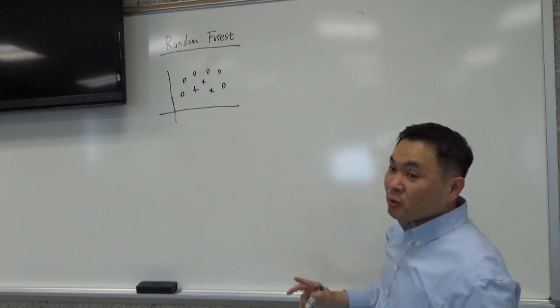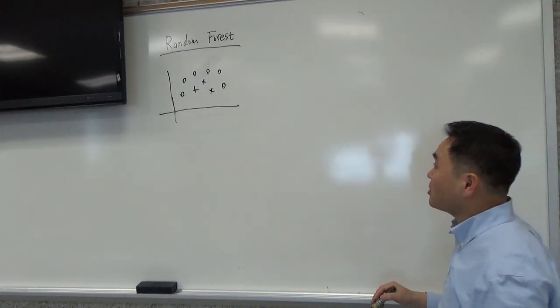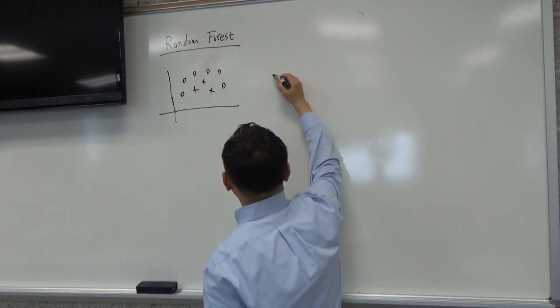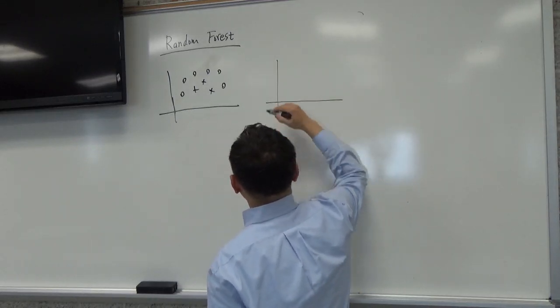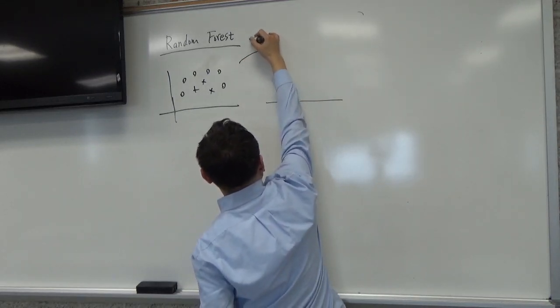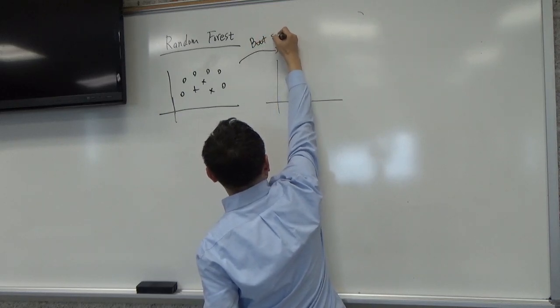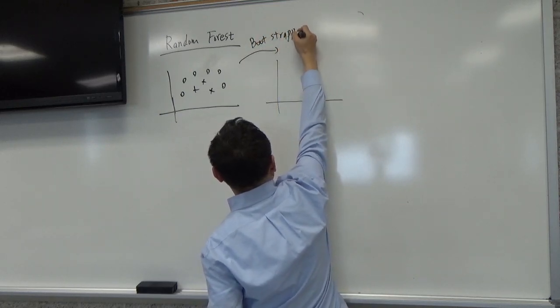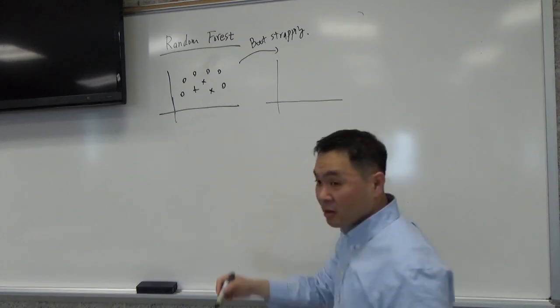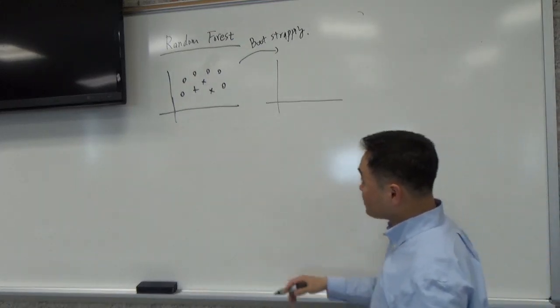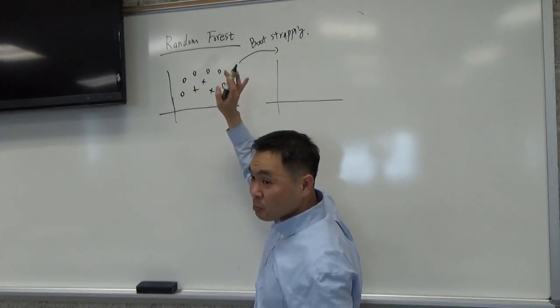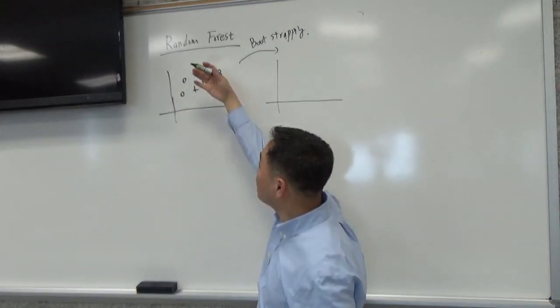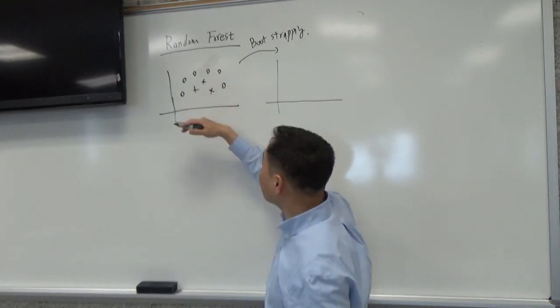So it requires two ideas. One is you do something called bootstrapping. And what it does is it randomly selects points from your given training data.